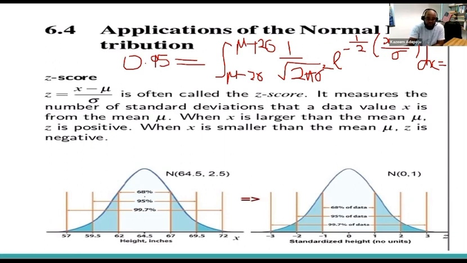And of course, if I change that now to 3 sigma, minus 3 sigma to plus 3 sigma, now don't forget this is the lower bound and upper bound.